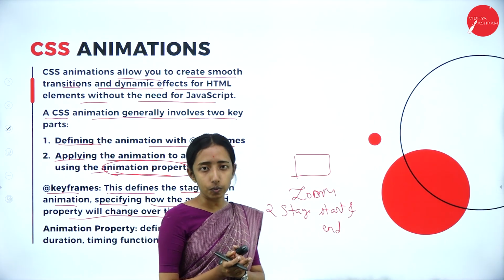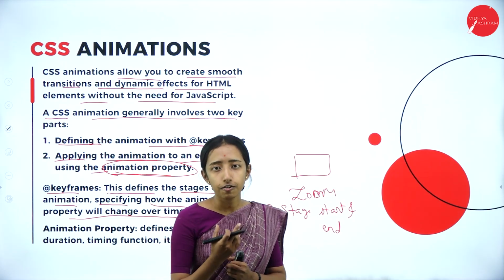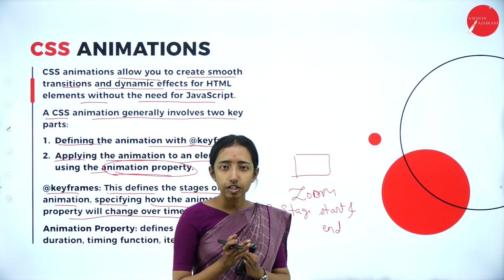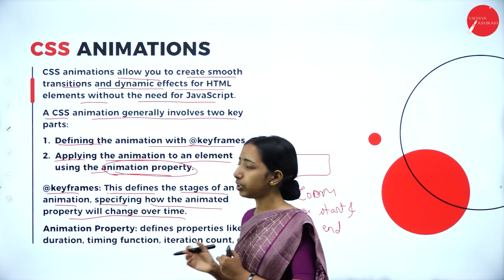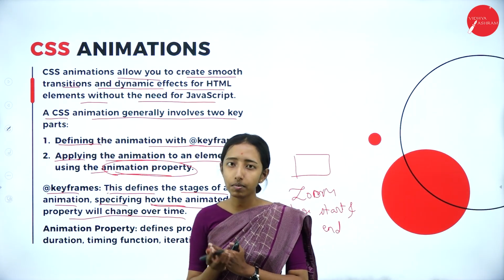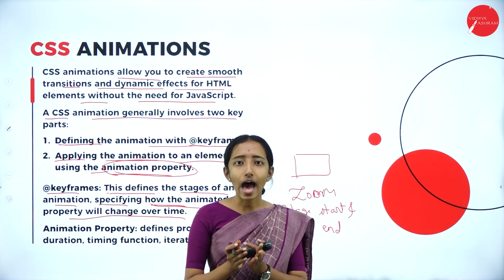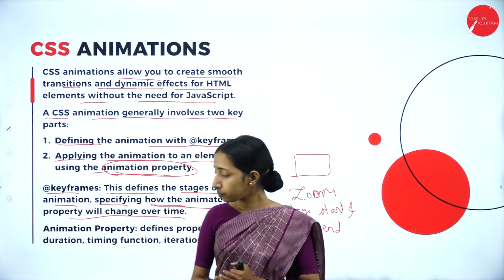When you start to zoom, that is the starting, and the end is the result of the photo you have zoomed. Similarly, the keyframe specifies how we can animate the property, from the initial stage to the end stage.